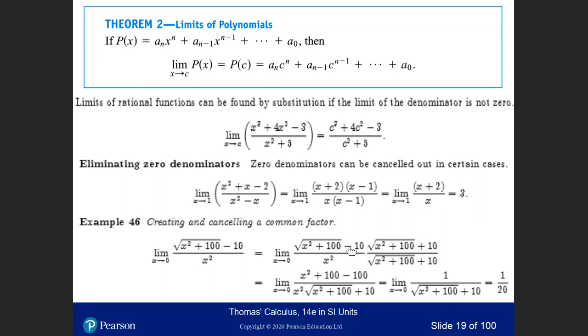When you multiply, you get x squared plus 100 minus 100. It will help you cancel out some of the factors. But this is multiplying by 1, and multiplying by 1 doesn't change the limit. So you do this multiplication, then you calculate the limit. Basically, you eliminate x squared here, which is important, because that poses the problem.